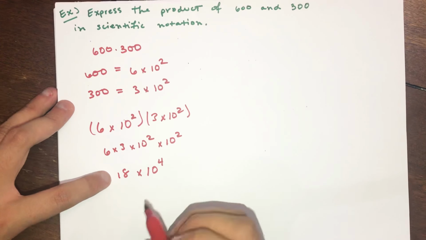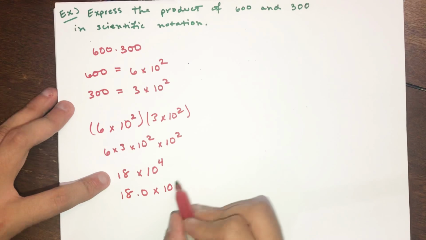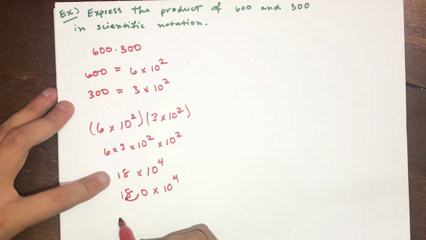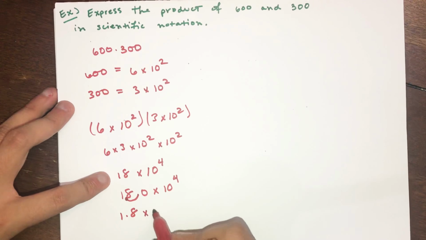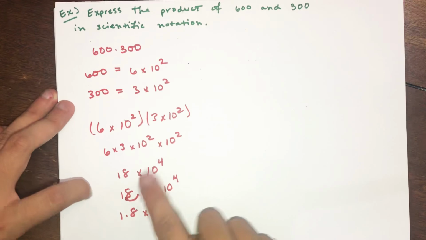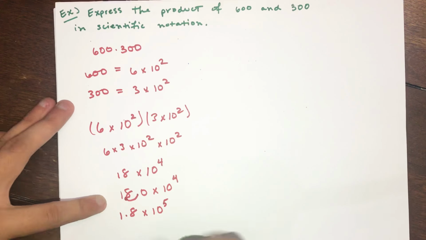So what you could do is, since this is really 18.0 times 10 to the fourth, you could jump to the left real quick and change it to 1.8 times 10 to the, now because you jumped once to the left, we don't want to change what this number is equal to, so we're going to have to add a jump here, so that we can jump back.